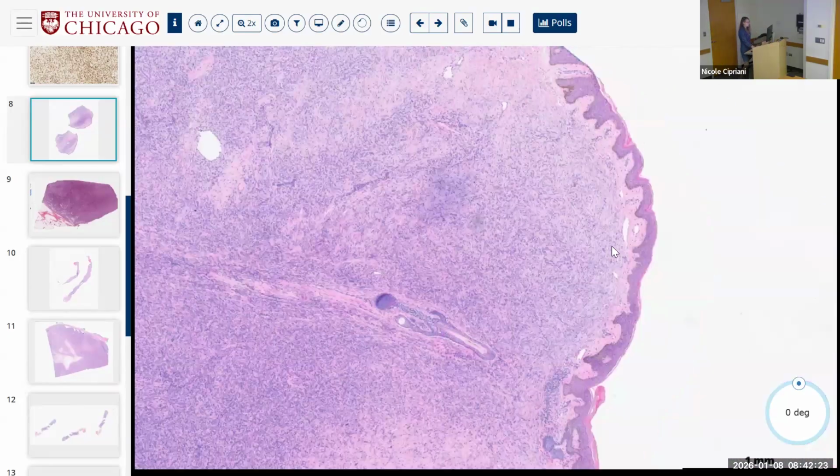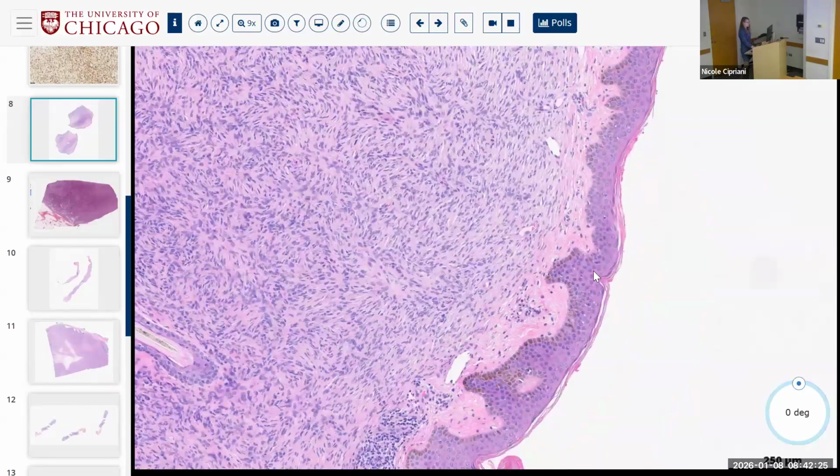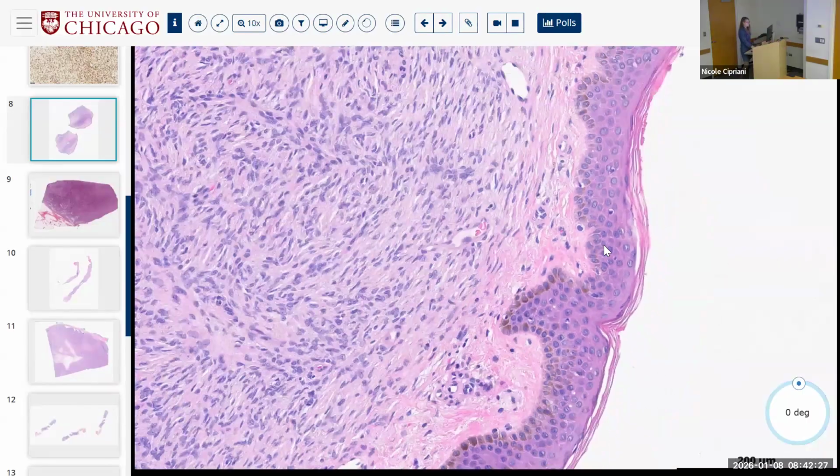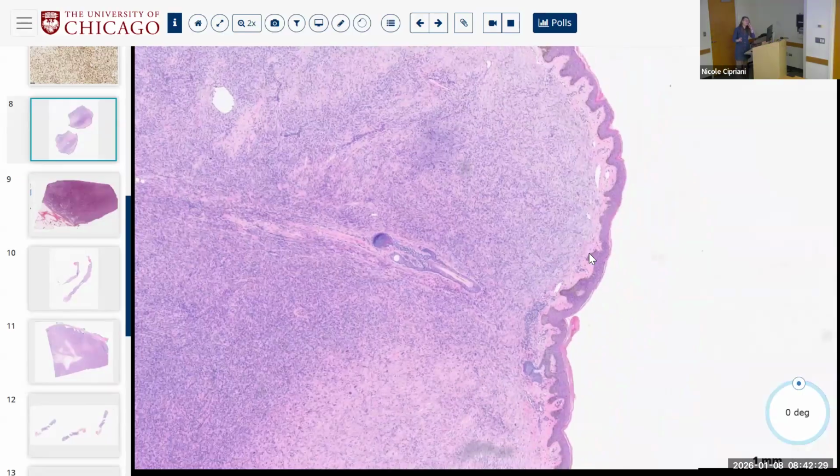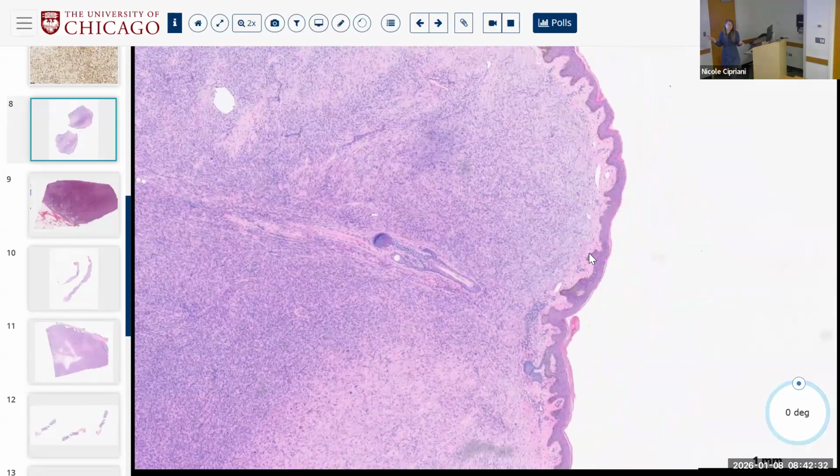Melanocytic markers in this case would be negative, and there's no evidence of any overt superficial melanocytic proliferation, although melanomas can have skin-to-skin metastasis, right? So you can have dermal mets of melanoma where there's no overlying in situ component, so fine.